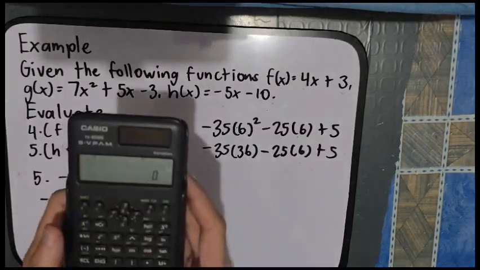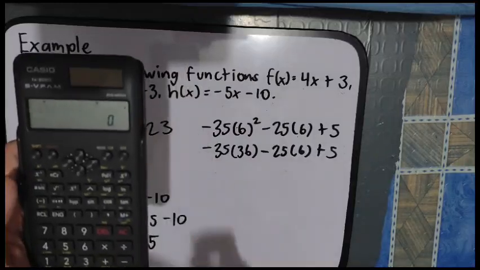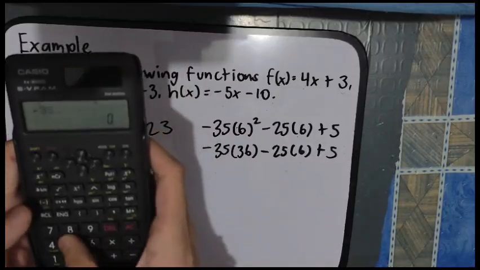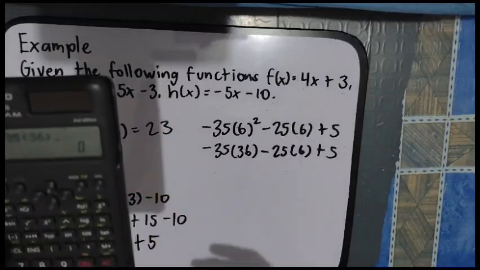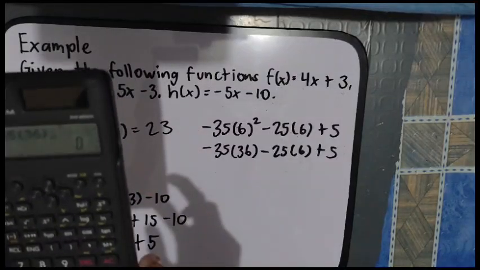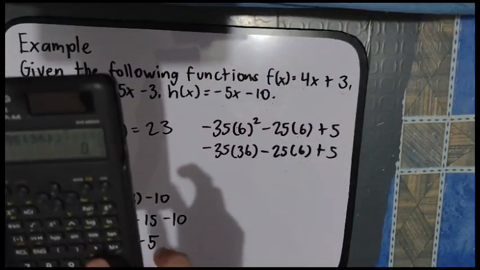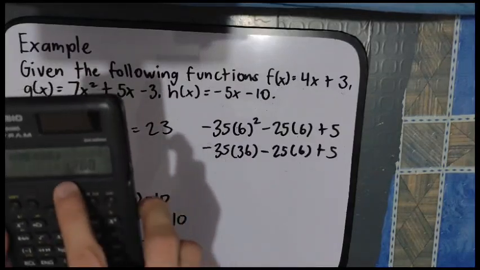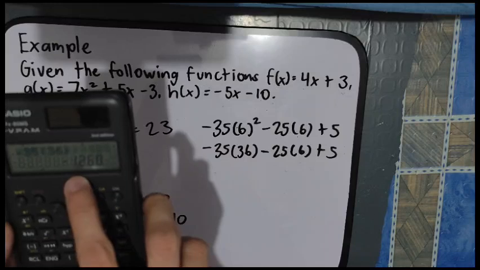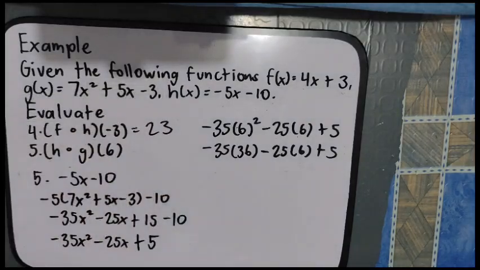So, get your calculator again. Type in negative 35 times 36. You can go with the multiplication sign here or close and open parenthesis. So, the answer is negative 1,260.